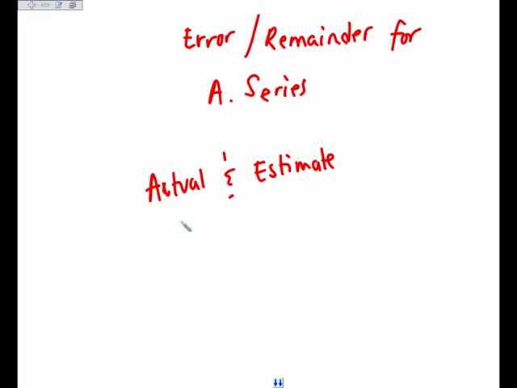And we would actually say if the actual sum of our series is S, and we're going to approximate it using some kind of partial sum, S sub n, then we're going to say that the difference between the actual and our estimate, we're just going to treat it as a positive number, we're going to call that our remainder.